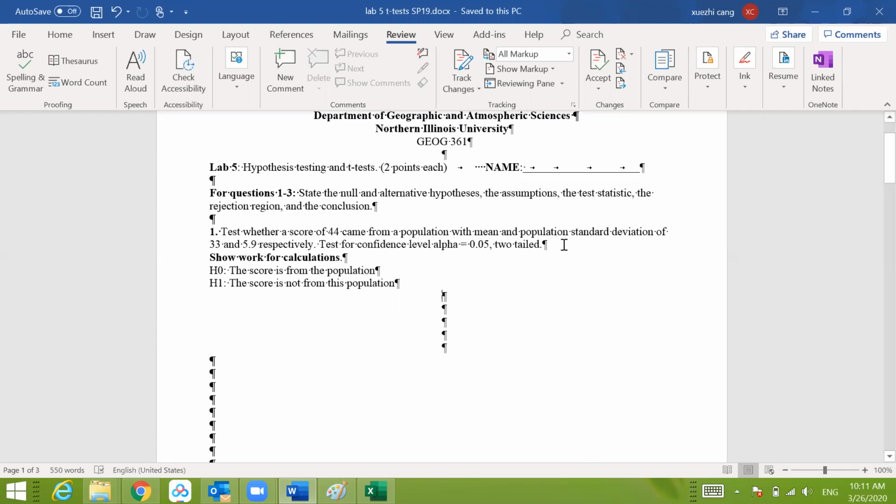So we have one Gaussian distribution, and we want to see whether this score is from this distribution. So we can calculate its z-score. The z-score is this score, the x, 44, minus the average value of the population, the mean, 33, and divided by the standard deviation.